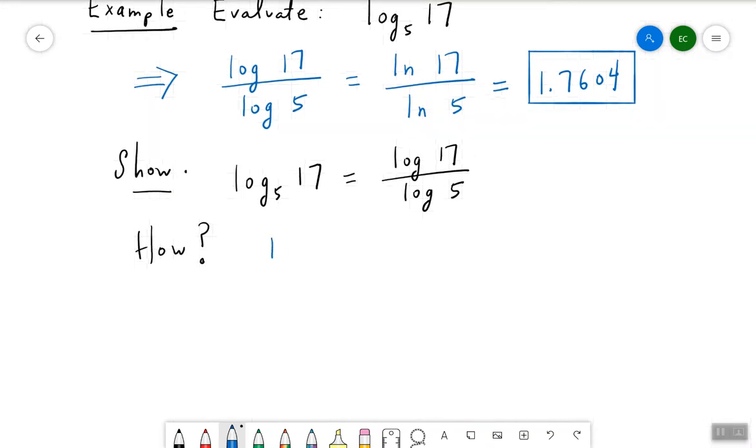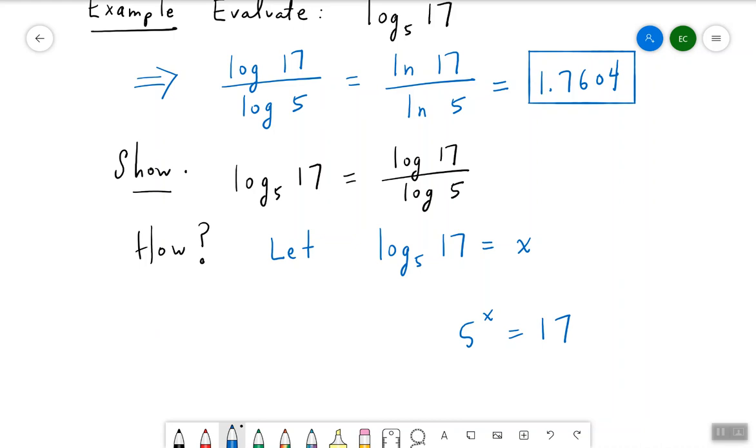So what we're going to do is let log base 5 of 17 equal x. We'll just call it x. And then we can rewrite this as an exponential. We could do it immediately. We could write base 5 raised to the x is equal to 17.